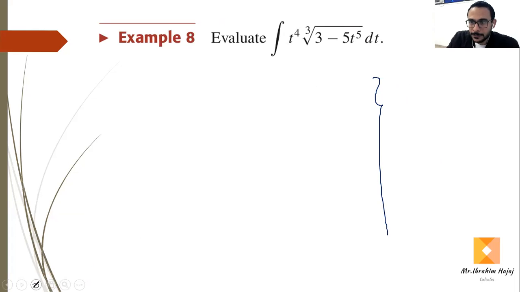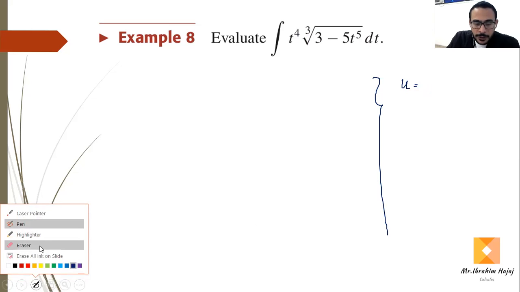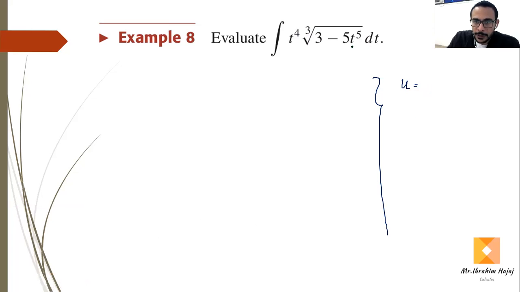Okay, Taher. Yes, Taher. What's the value of u? Directly I'm going to use u substitution since we have a product and the cubic root of something. The u always here will be the function underneath the square root or the cubic root. So yes, u, Taher, is 5t to the power of 5.